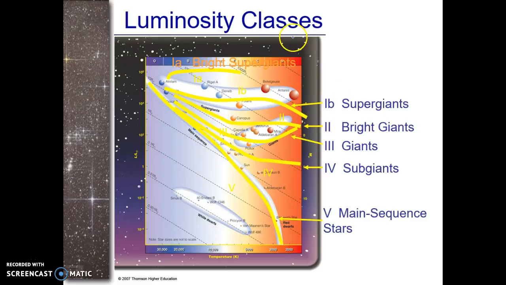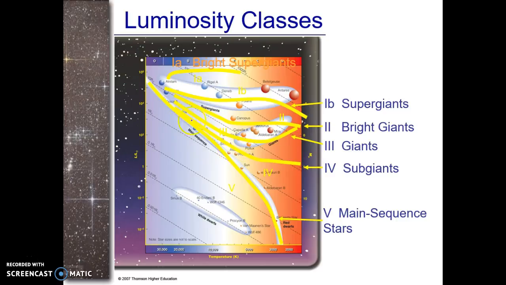Okay, now these yellow lines that are drawn here show you the class. So most of the 1A stars should be right along that line. It should be right on it, right above it, or right below that line. So you see the sun is right along that line. All right, the subgiants, Altair is right in here.